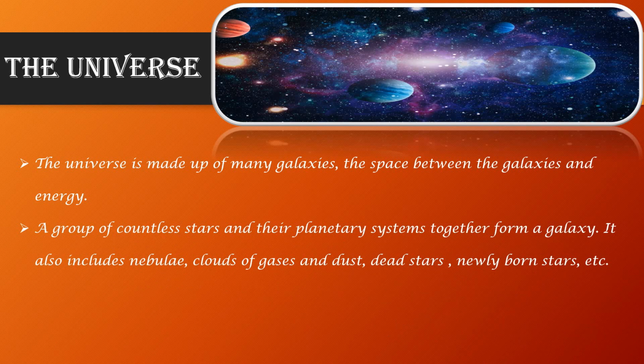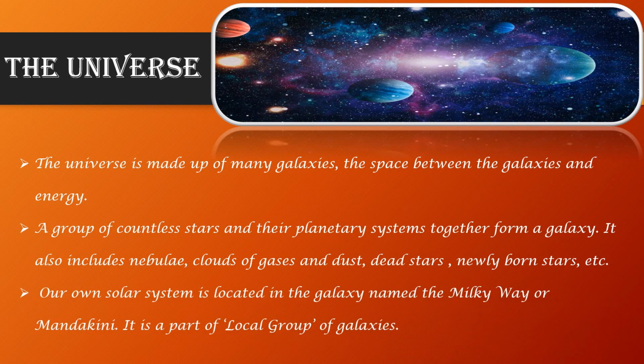It also includes nebulae, clouds of gases and dust, dead stars, newly born stars, etc. Our own solar system is located in the galaxy named the Milky Way or Mandakini. It is a part of the local group of galaxies and there are many such galaxies in the universe.